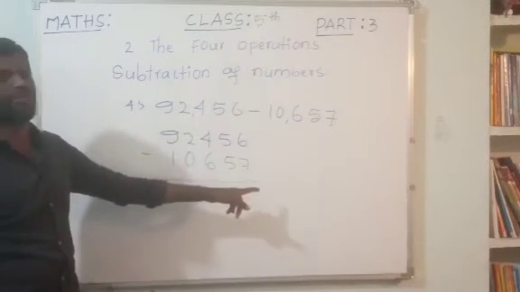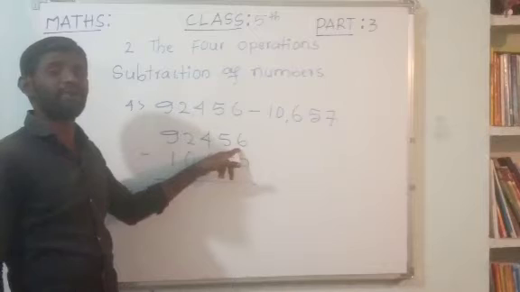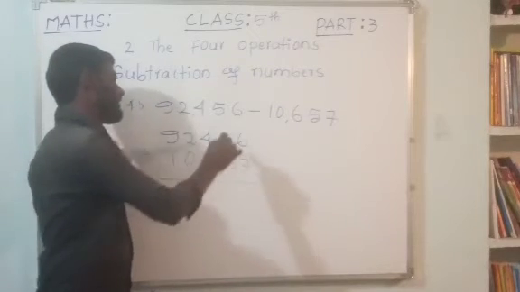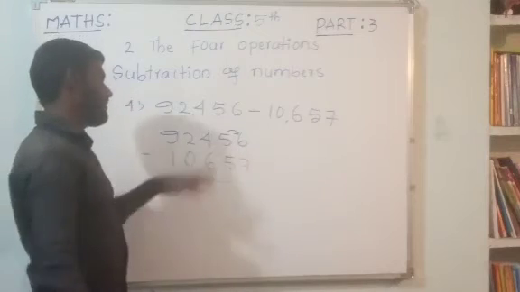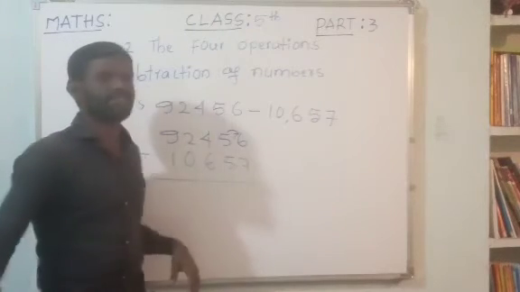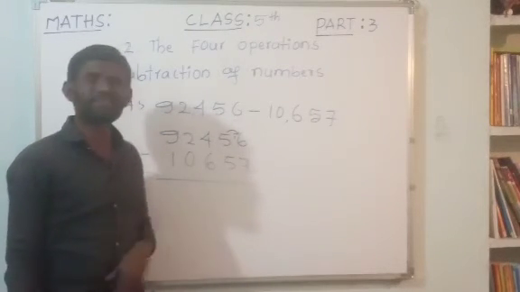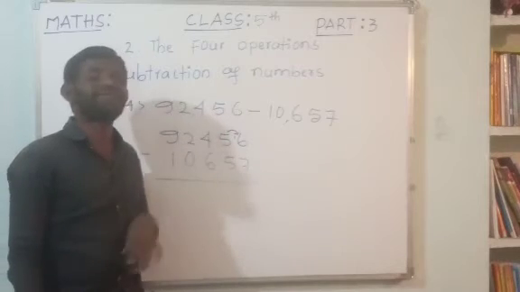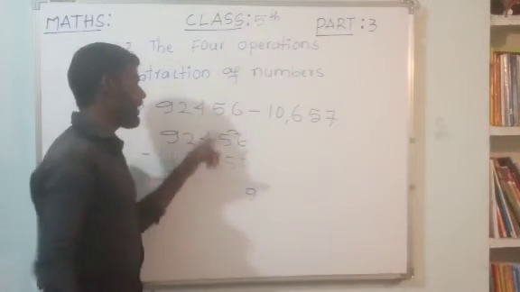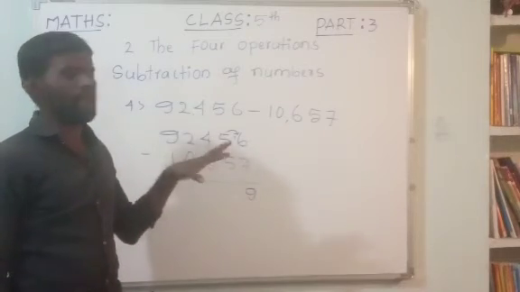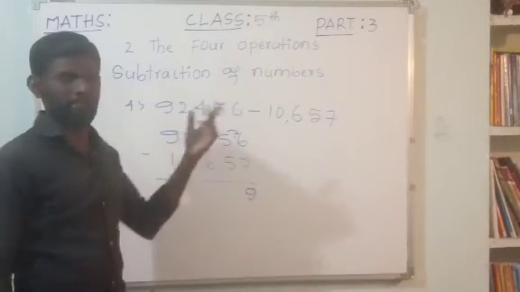Here we cannot subtract 7 from 6 because 6 is a smaller number. Take carry 1 from the beside number. That will be 16. 16 minus 7 means 9. This 5 reduces to 4 because it gave one carry.